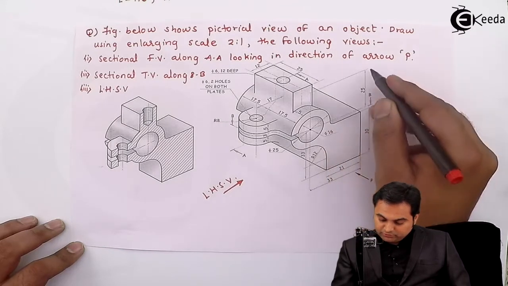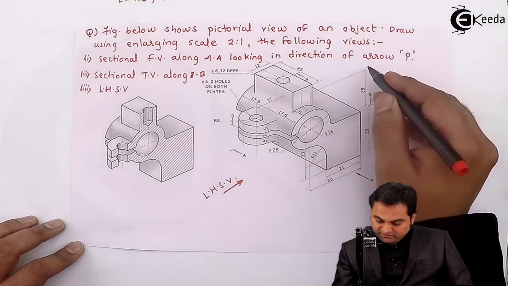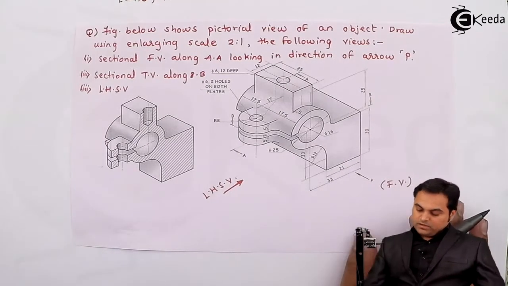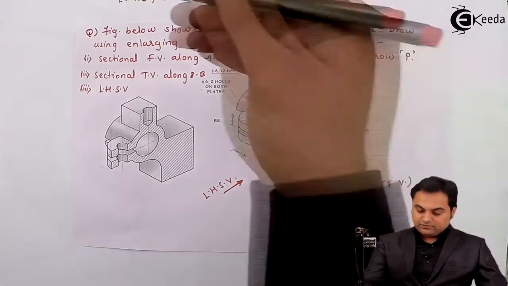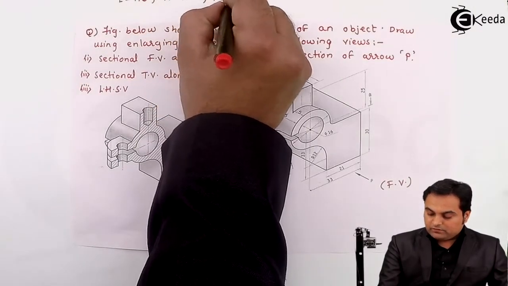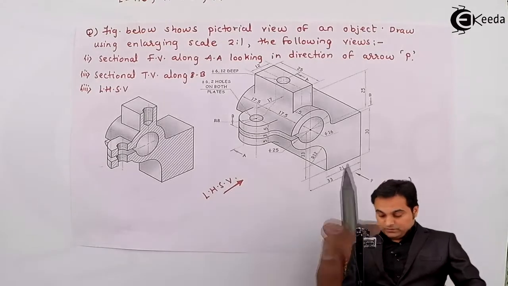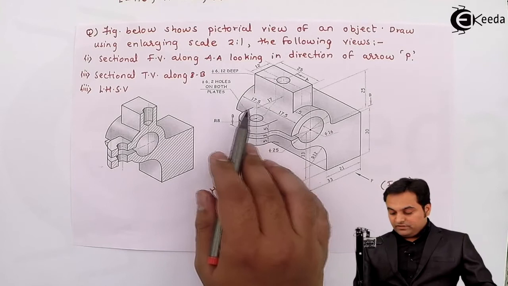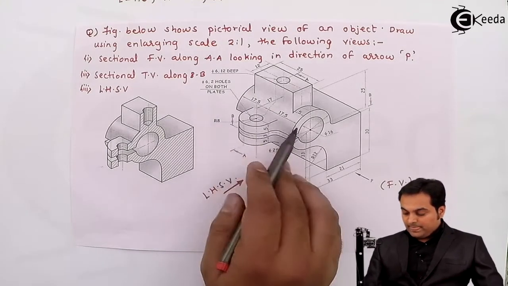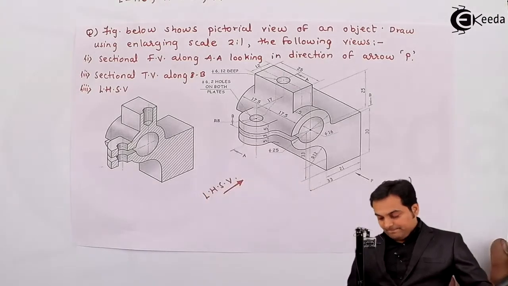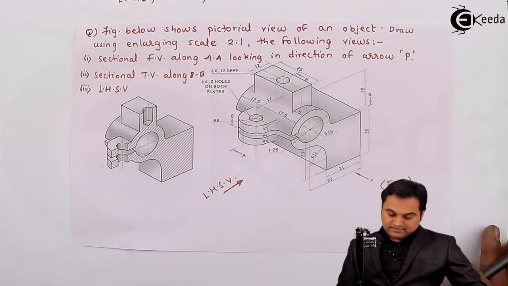Then from the center up to the top, it is 25 mm. So 33 plus 25, that is also 58 mm. So height is also 116. And then for the total width, here this is 17.5 plus 17.5, that is 35 mm, and when I make it double, that will become 70 mm as the total width.